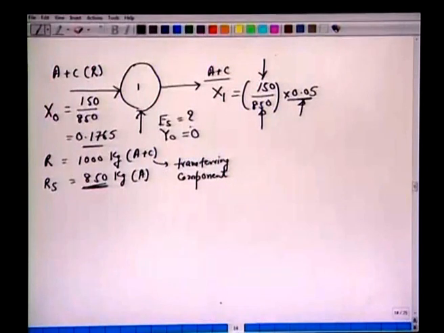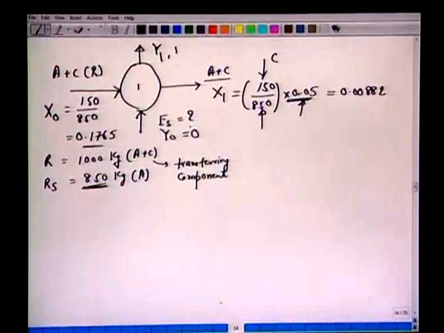So, we have removed 95%, which means 5% is left, and this number is 0.00882.